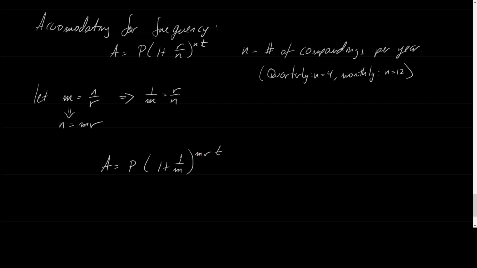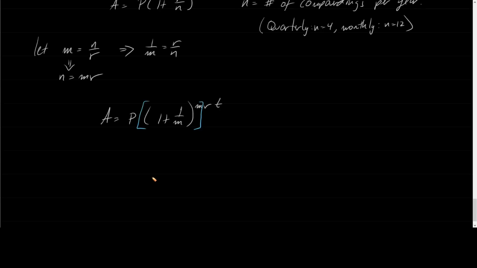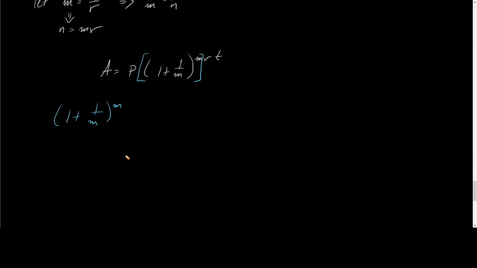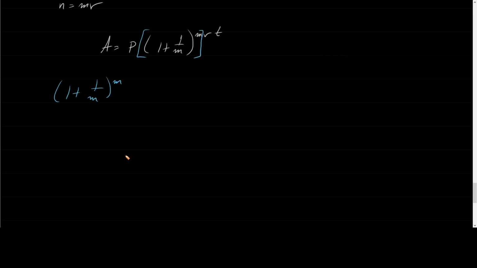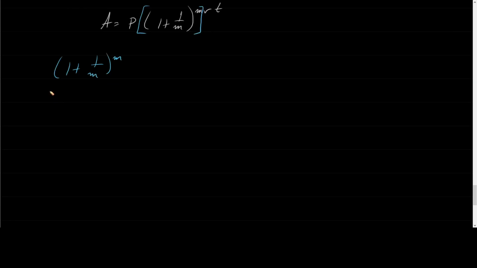Now from rules of exponents, I can apply this parentheses here without affecting anything. All right, those parentheses there, or those blue brackets, are not doing anything. So let's look at just that piece on its own. So 1 plus 1 over M to the M. Now in here, what we're going to say is, what if M starts getting bigger?